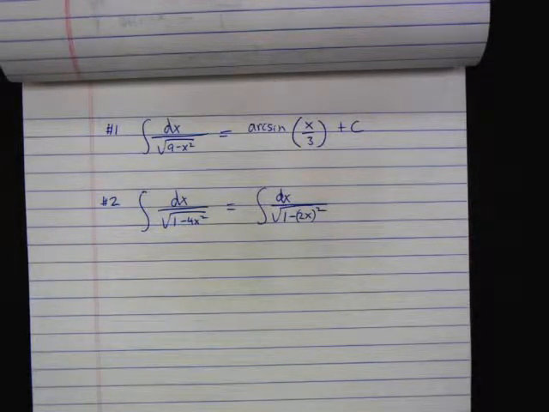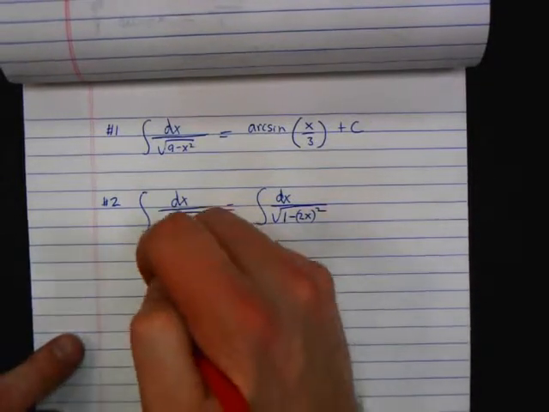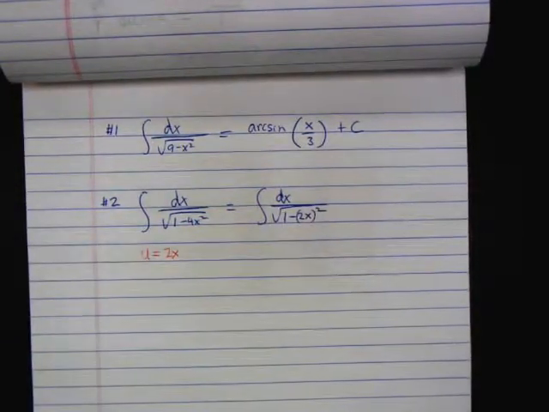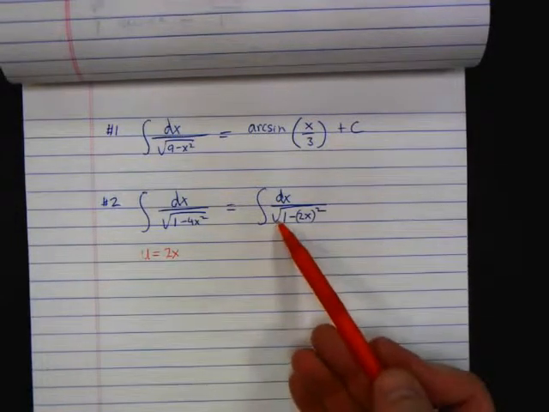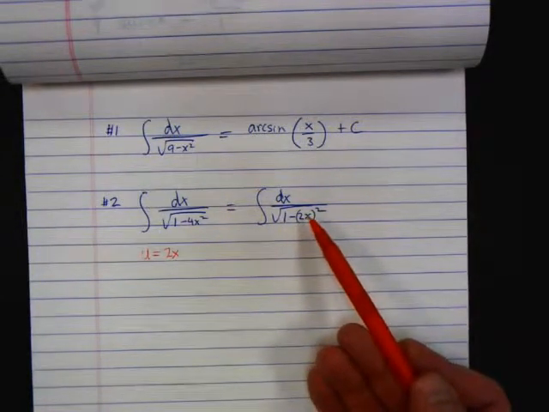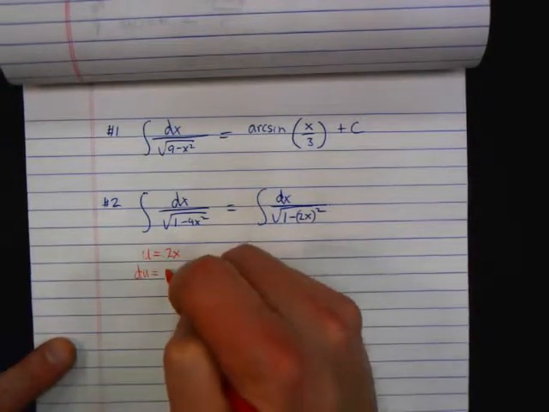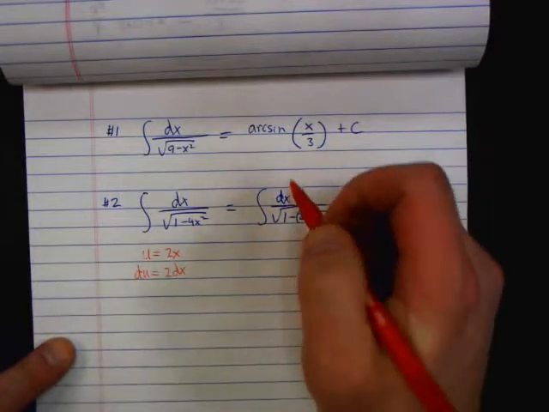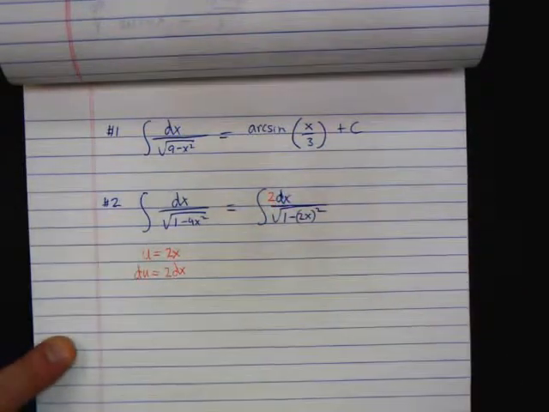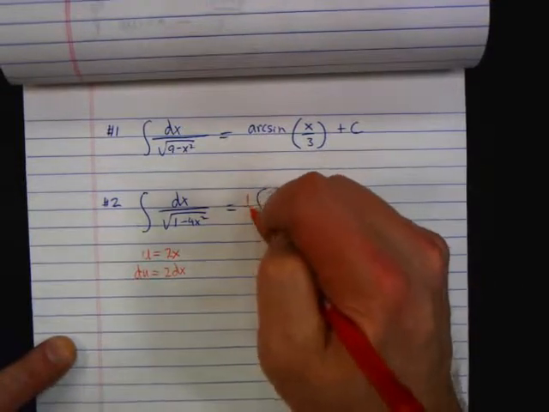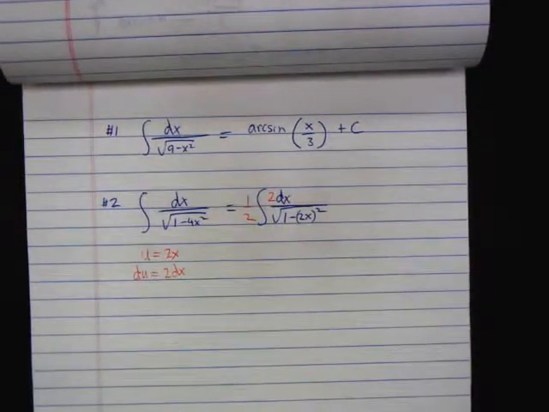Close. We're going to have to do a u substitution. u is going to be 2x, because we can have an a squared minus a u squared. We can't have a 2 there still. So if u is 2x, then du is 2dx, which means I need to slip a 2 in right there, which means I need to balance it with a 1/2. So that's what you were missing, Charles. You were missing that 1/2 right there.